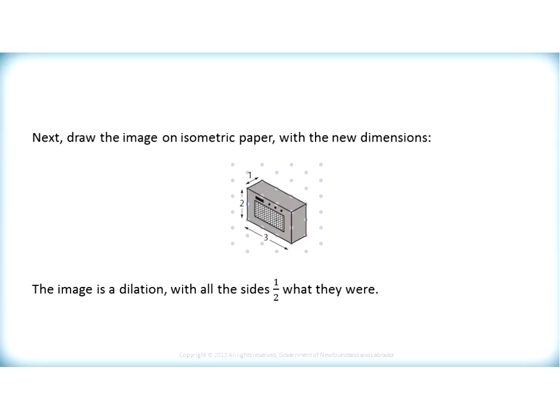So this image is a dilation. The angles haven't changed because we're using the exact same isometric dot paper. So the angles between dots are not going to be any different, which means that the angles from our object to our image are not going to be any different. And all of our sides are now 1/2 what they were before. This means that we do have a dilation.